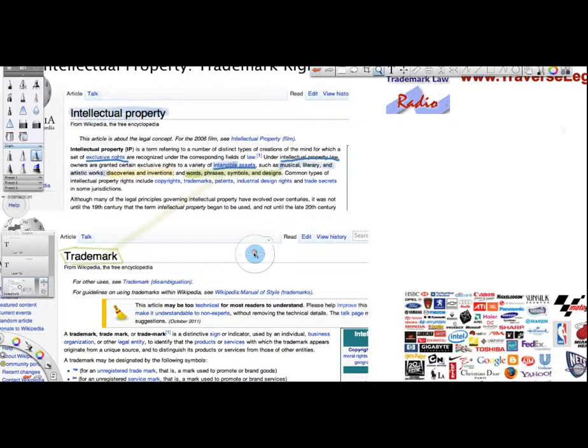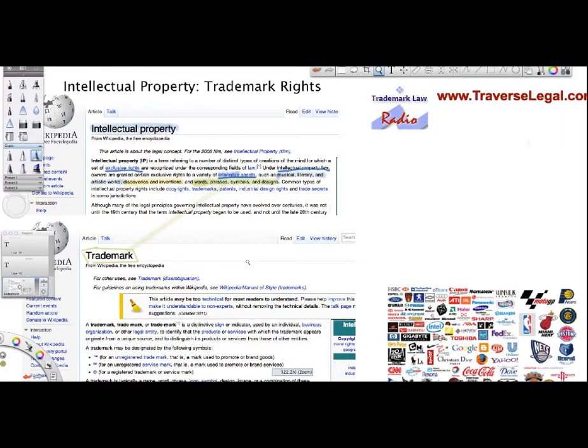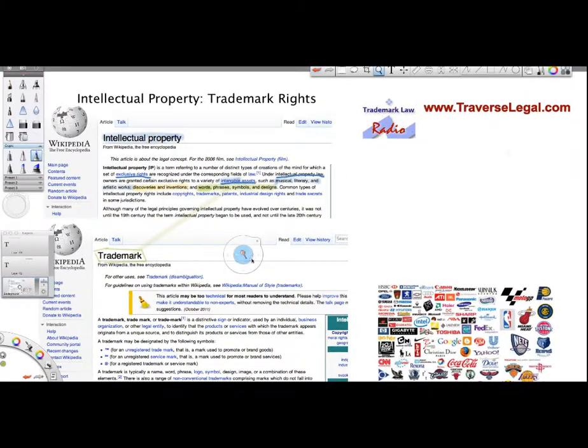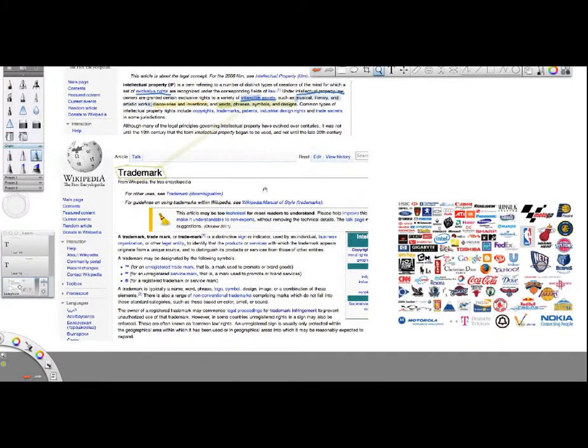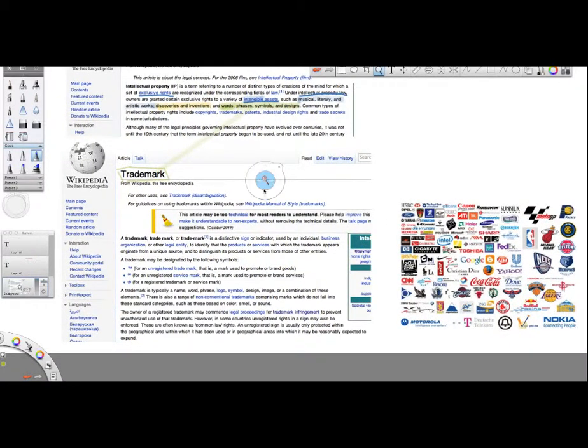A trademark is something that is going to designate goods or services in the market, so that if you are going by the company name Traverse Legal, people know when they see a designation of a website as Traverse Legal, or another use of the word Traverse Legal, that they're dealing with my law firm.